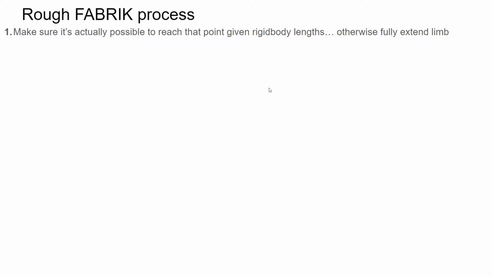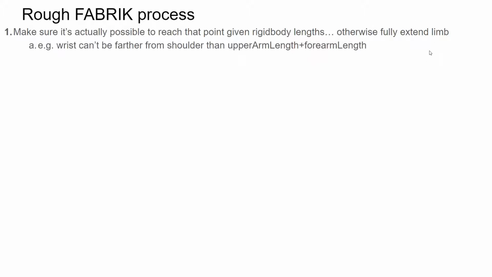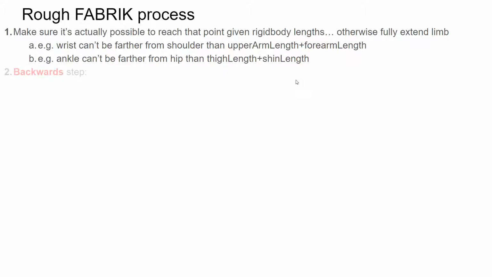The first thing that you would check is to make sure that the character mesh can actually reach that far. Like you don't stretch their limb to get to that position. What you do instead is you just extend it as much as you can. So for example, your wrist can't be farther from your shoulder than the length of your upper arm plus your forearm length. And your ankle can't be much farther from your hip than thigh plus shin.